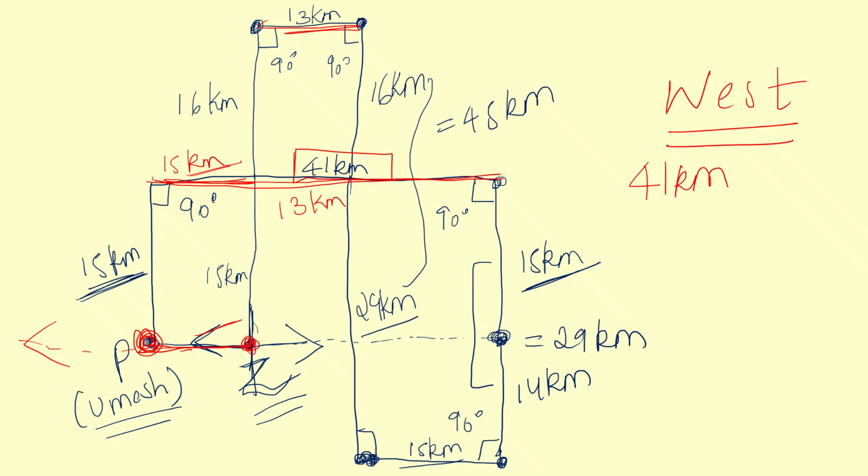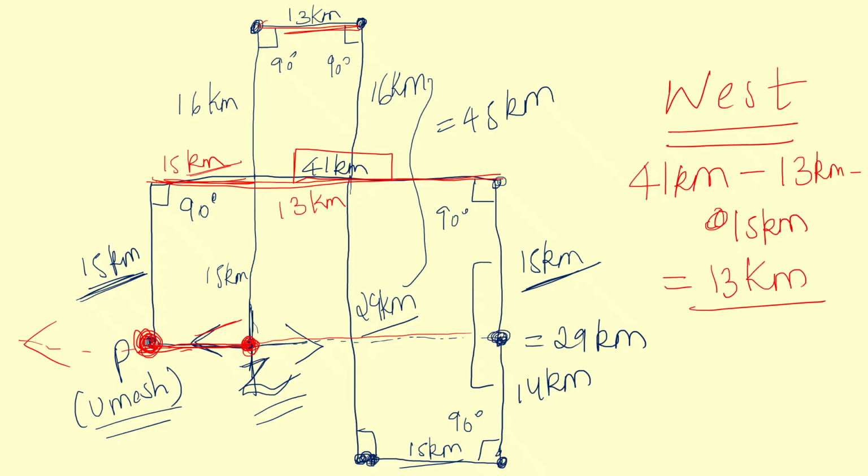Okay, so from here I need to travel here, but this total is how much? 41 kilometer. So 41 kilometer minus 13 kilometer minus 15 kilometer. So that will give you how much? 13 kilometer. Okay, 13 kilometer in the west direction. So this should be your answer.